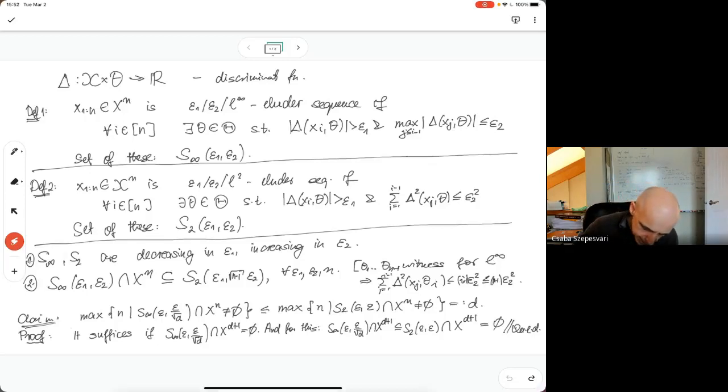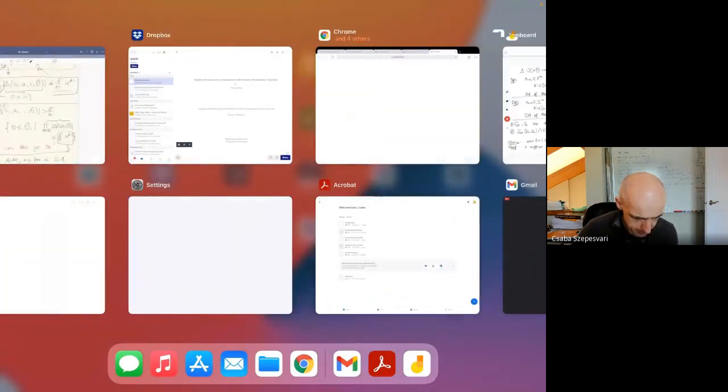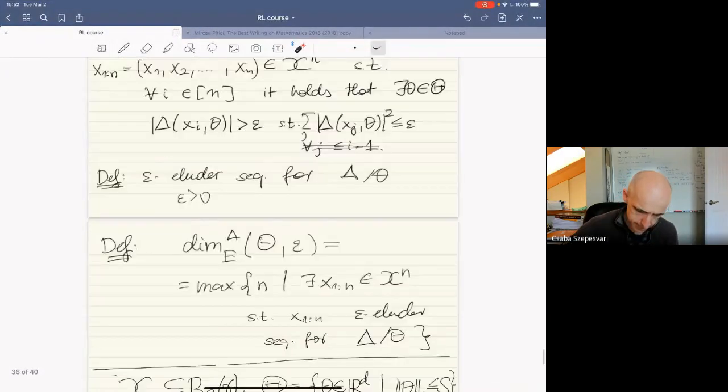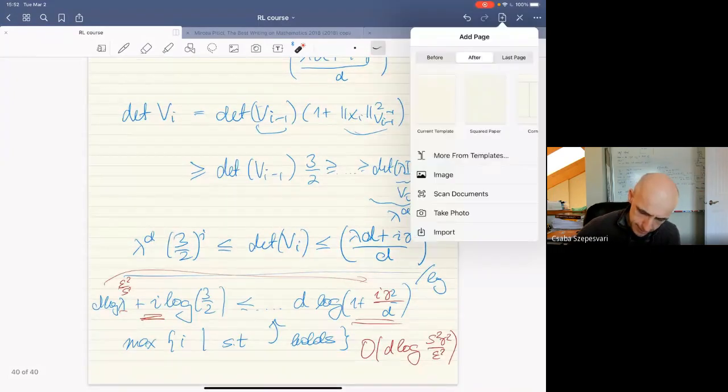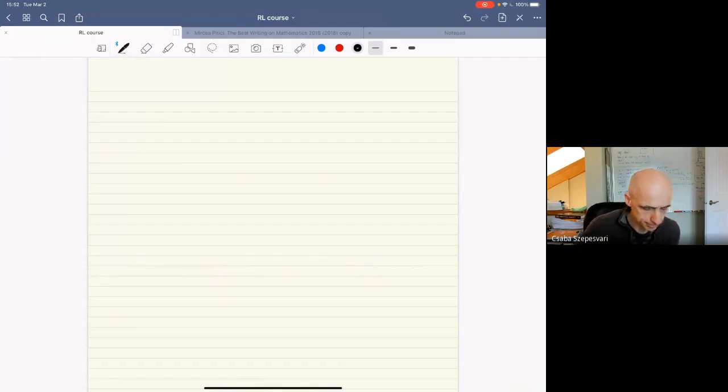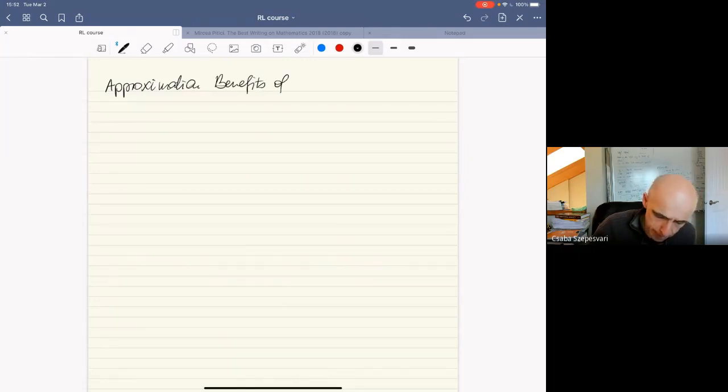All right. So let's find good notes. So the paper I want to talk about, partially, is Approximation Benefits of Policy Gradient Methods with Aggregated States.